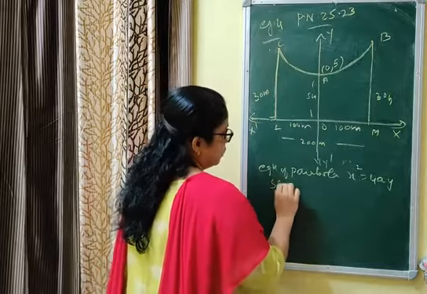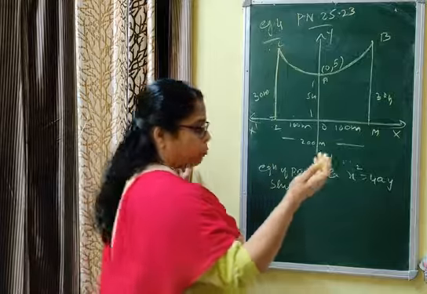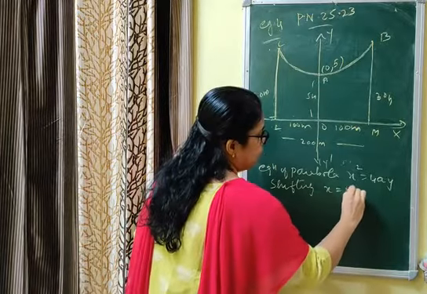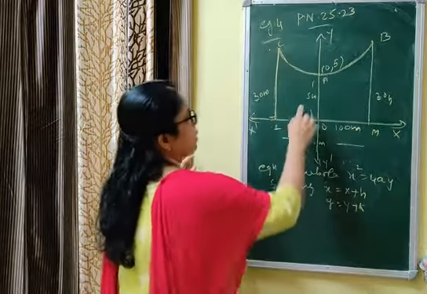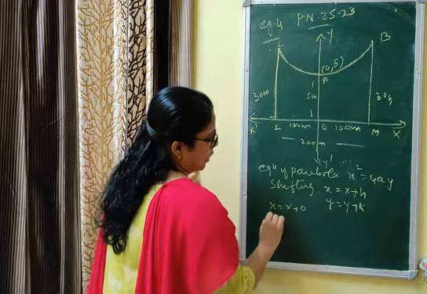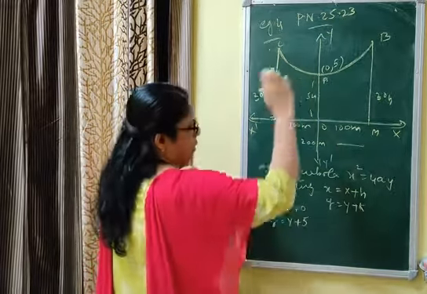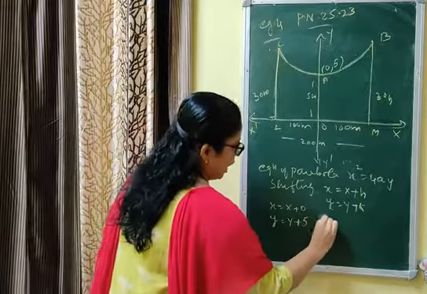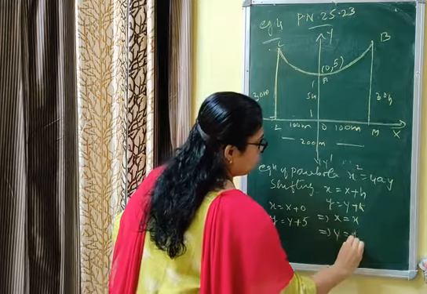You remember, in shifting origin we shifted the origin (0, 0) to (h, k), so x is equal to X plus h and y is equal to Y plus k. Here small x is equal to capital X plus 0 and small y is equal to capital Y plus 5, because this distance is 5. So capital X is equal to small x and capital Y is equal to y minus 5.